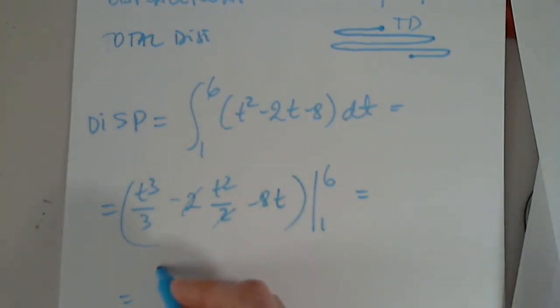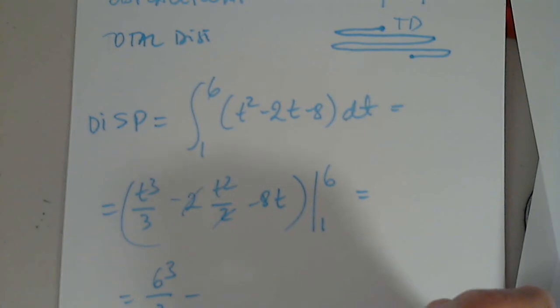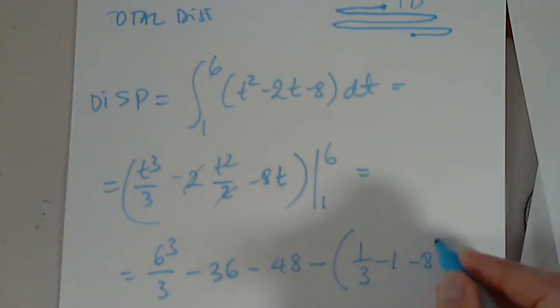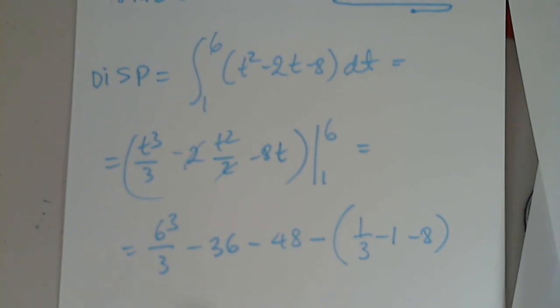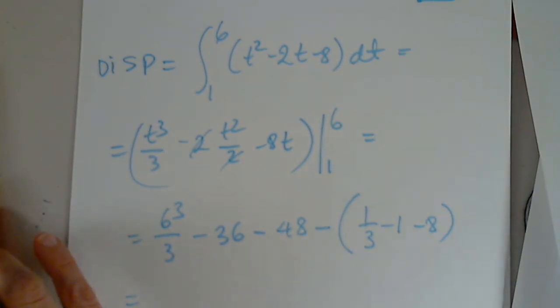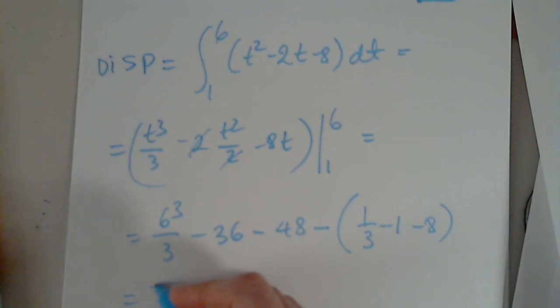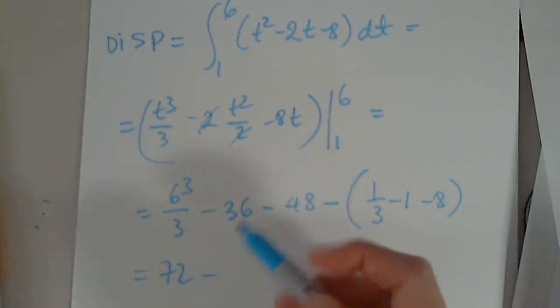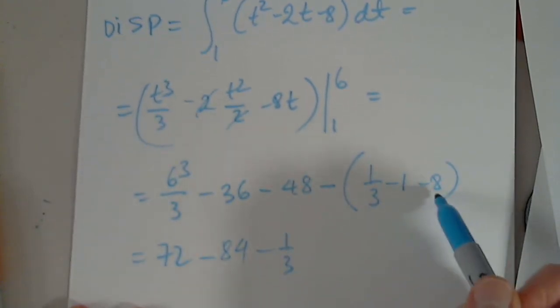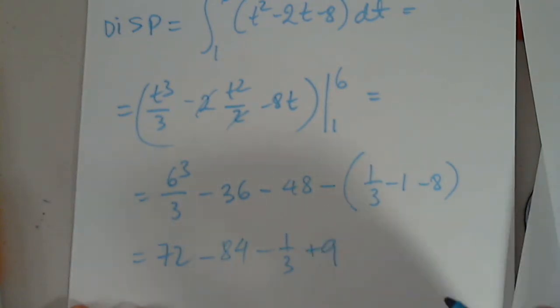I plug in 6, minus 1/3 minus 1 minus 8. I can divide that, so the fraction goes away. 6 to the third divided by 3 is 72, minus 84, minus 1/3, and this is 9, but with minus in front, so positive 9.